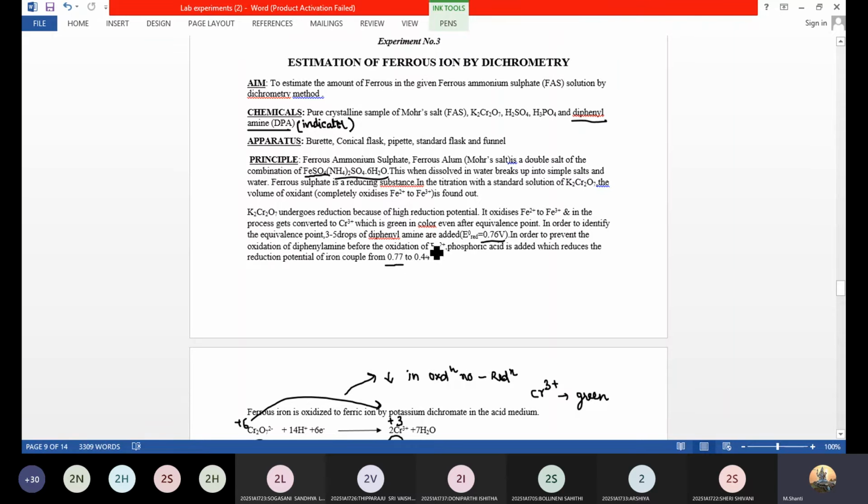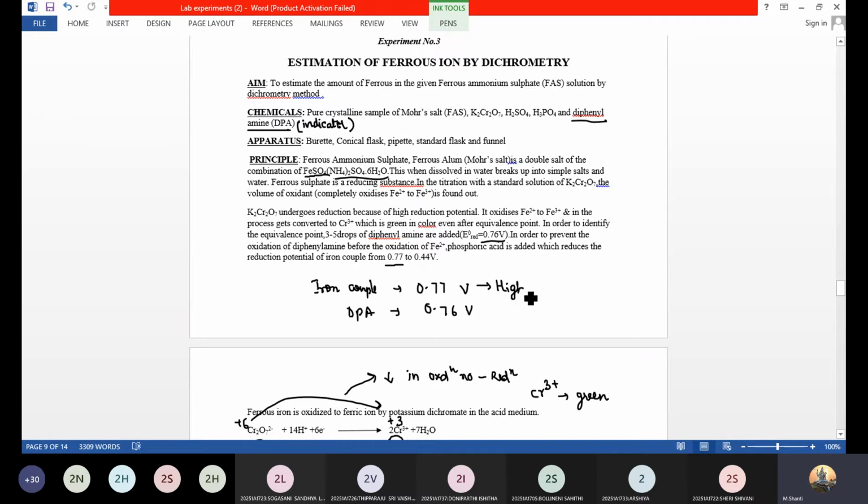The iron couple is 0.77 volts and DPA reduction potential is 0.76 volts. Whose value is high? Iron, ma'am. Iron. Okay, so this value is high.